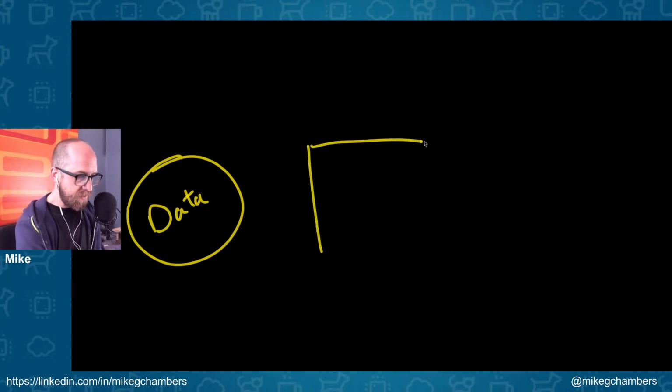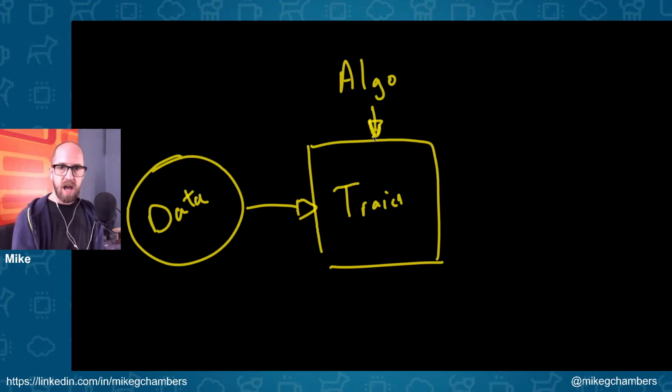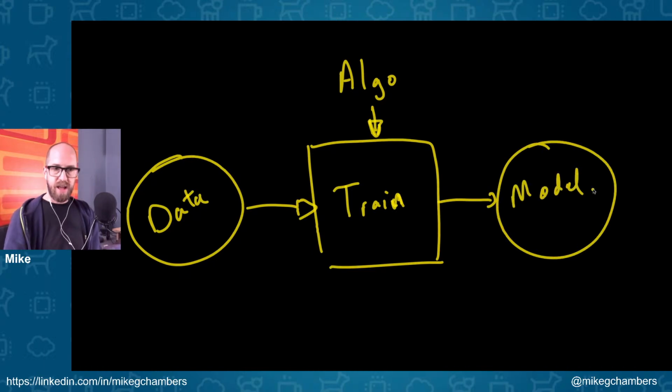We then bring that into a training process, and this training process is going to be linked to an algorithm. I'm going to say algo because I don't want to spell algorithm by hand. So we have this training process, and that training process spits out a model. Okay, and so that's essentially the path that we're following.